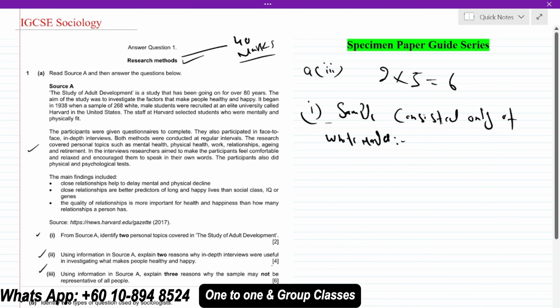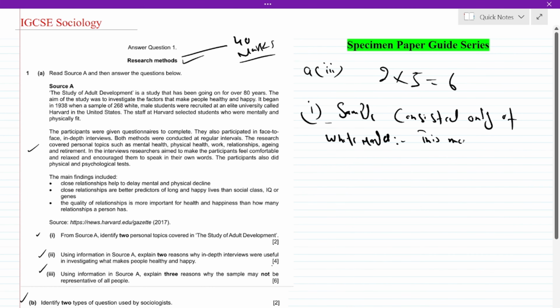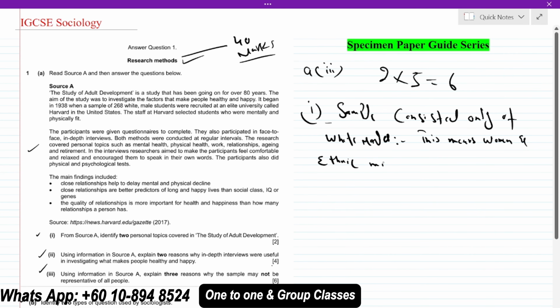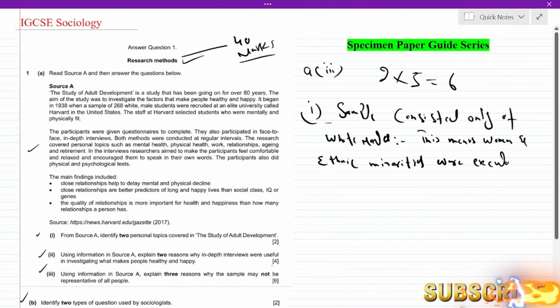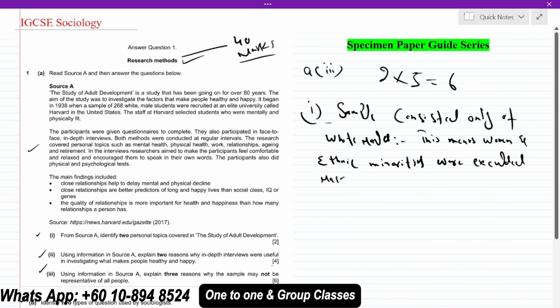So you can say this means that women and ethnic minorities were excluded, making the finding less generalizable.